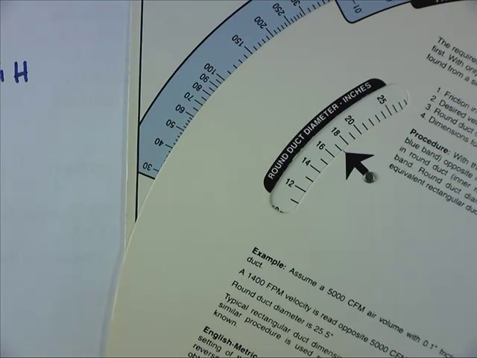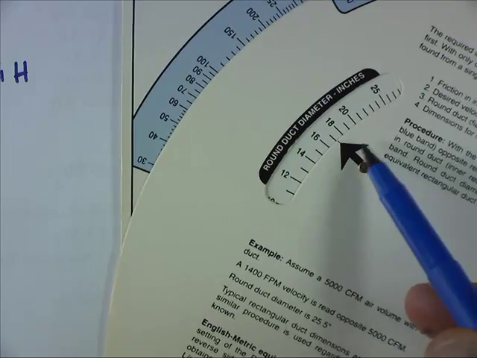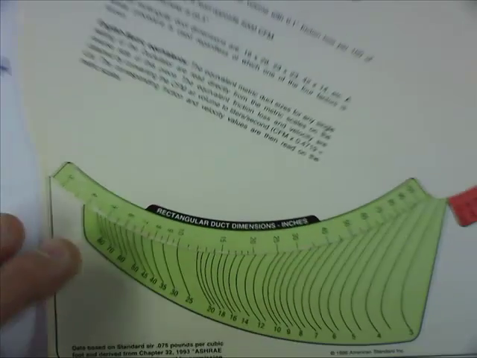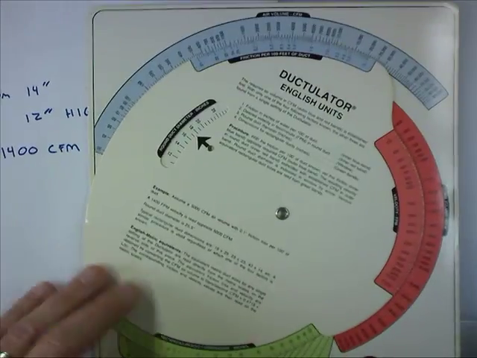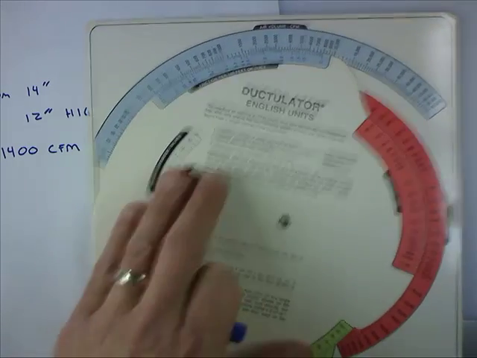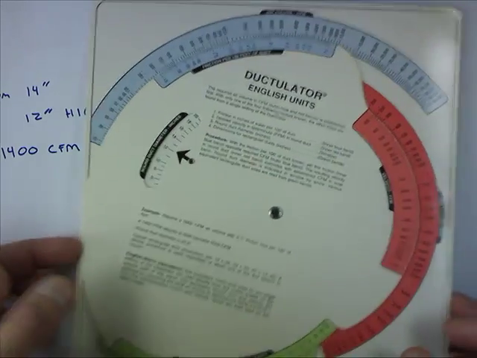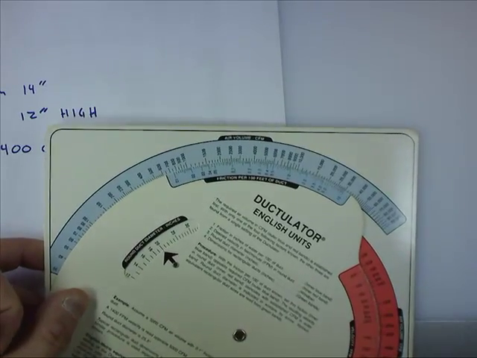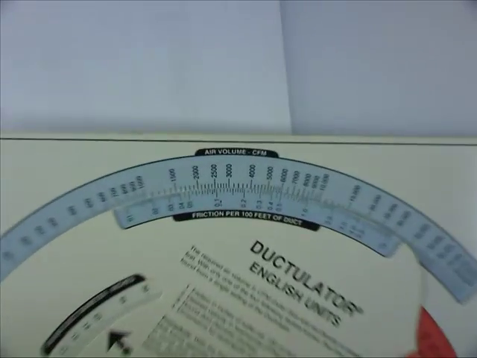Now we need to know how to get onto this wheel chart. There's basically two different places that you can get onto it. You can either get onto it with this blue section, and we basically have two different values here. We have the air volume in CFM, which we know, and we have friction per 100 feet of duct.